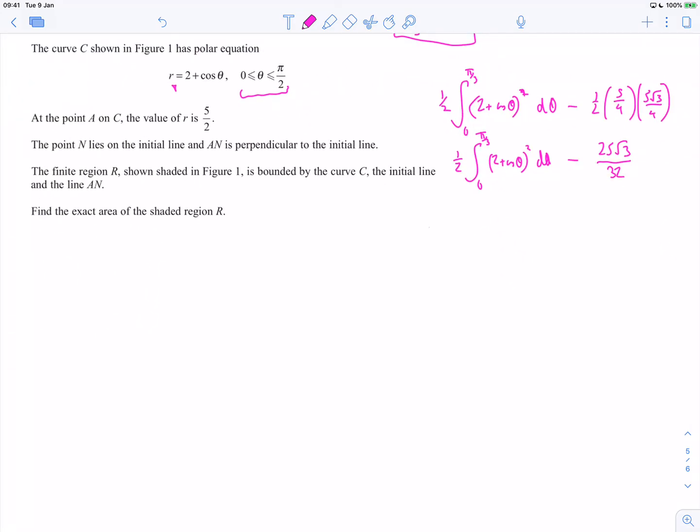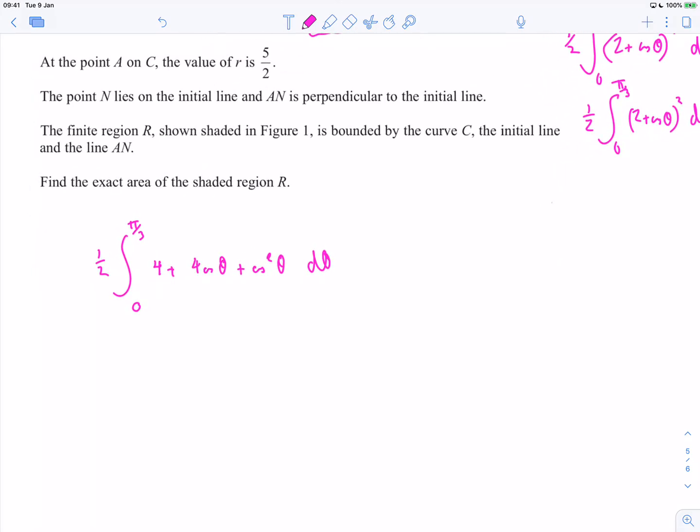Same thing again, so let's integrate between pi over 3 and 0 of half of, and let's square this thing, so it's 4 plus 4 cosine theta plus cosine squared theta, d theta. Cosine squared, remember, cosine 2 theta is 2 cosine squared minus 1.